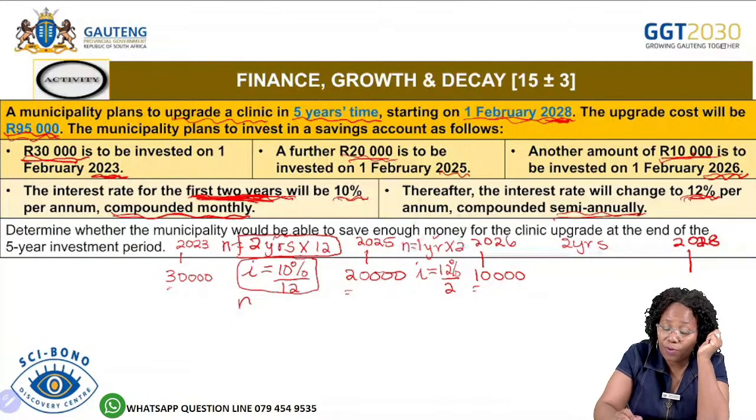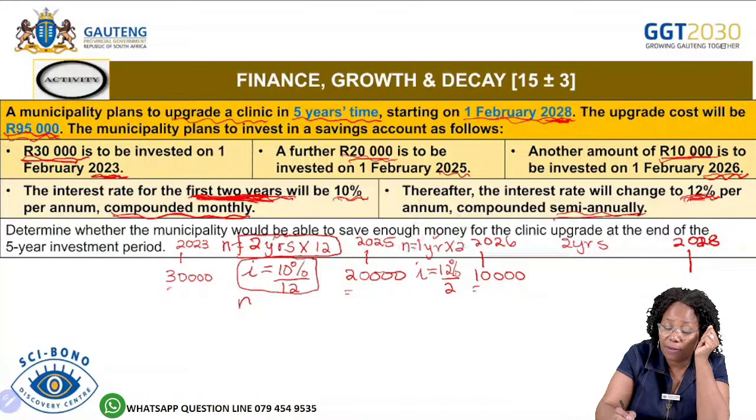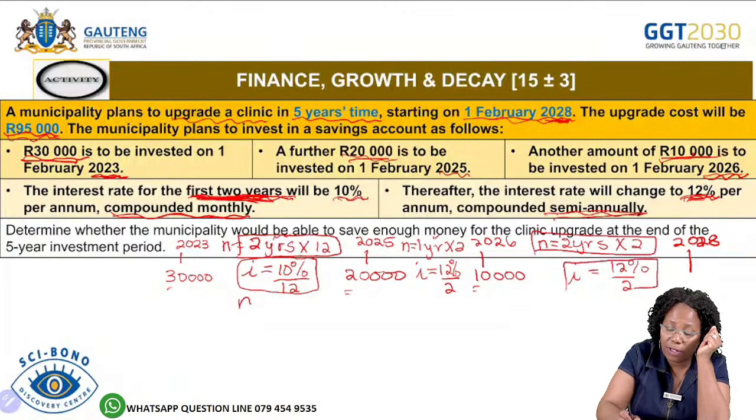And then also for this one, remember, for the remaining years, it will also take the 12% rate. So our i will be equal to 12%. Remember, it is compounded semi-annually, so it is divided by 2. And then for 2 years, we also multiply that by 2. That will be the value of n for this period here, and the value of i for that one.